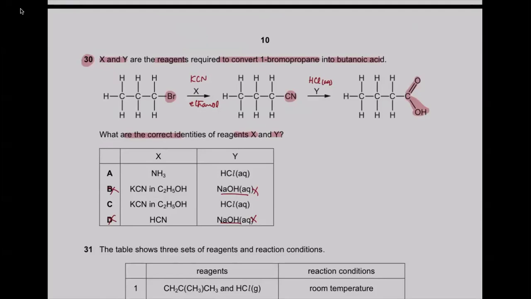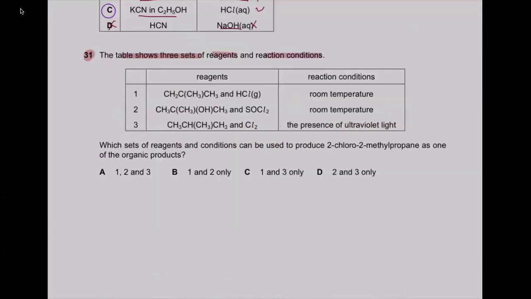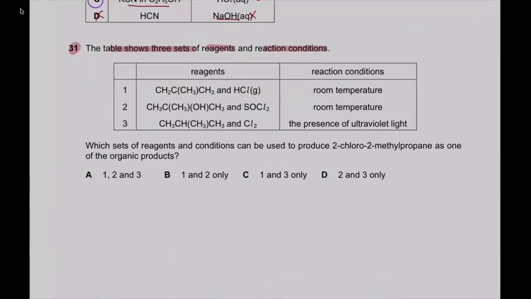Now, MCQ number 31, the table shows three sets of reagents and reaction conditions. Okay. So over here, there is a double bond. The first carbon is CH2, it means there is a double bond. And that's why the reaction is occurring at room temperature. Okay, so that is displacement of OH with the chlorine.